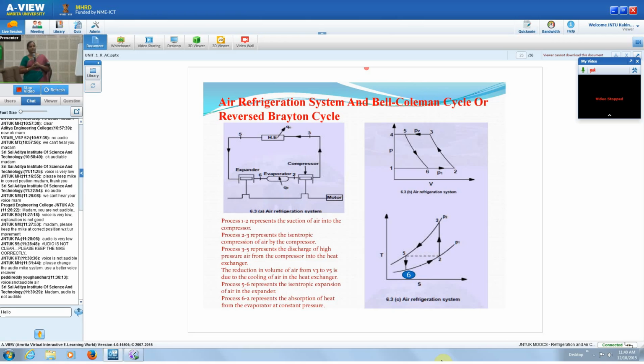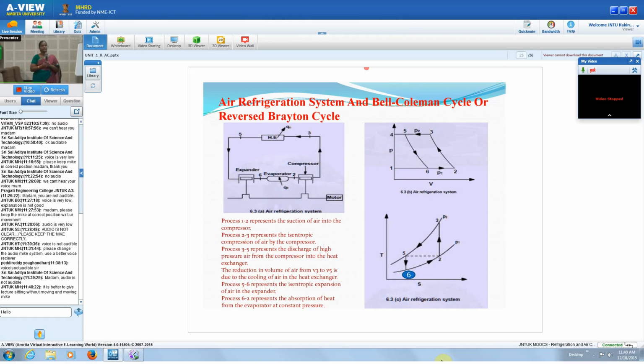The same thing is given in the TS diagram also. 2 is at the suction of the compressor, and 2 to 3 is assumed to be isentropic compression in the compressor. 3 to 5 is heat rejection in the heat exchanger or condenser, assumed to be a constant pressure process. 5 to 6 is expansion, again assumed to be isentropic, so reversible adiabatic expansion.